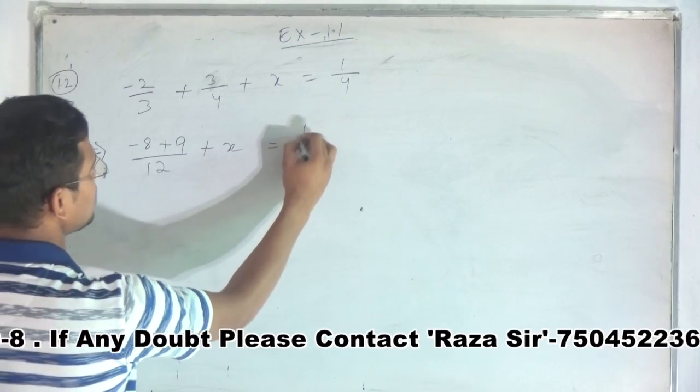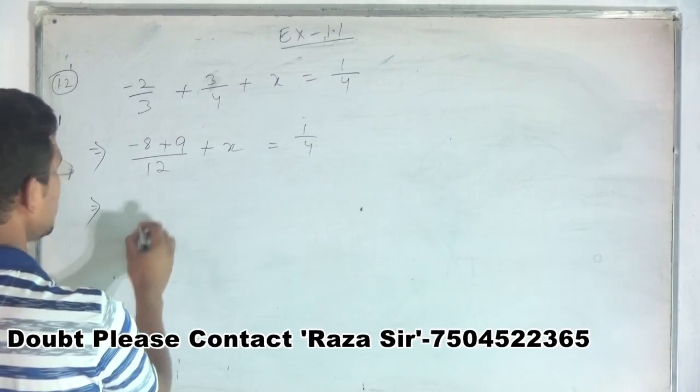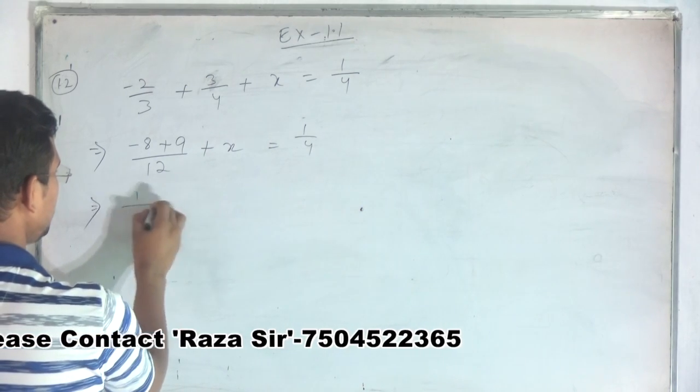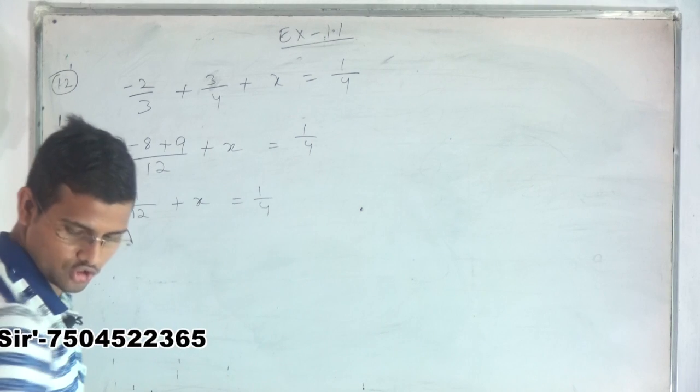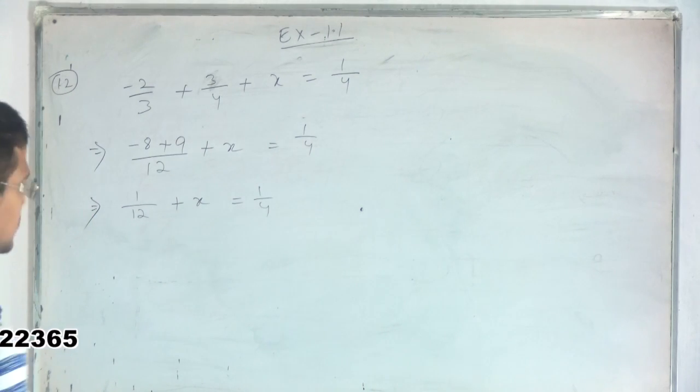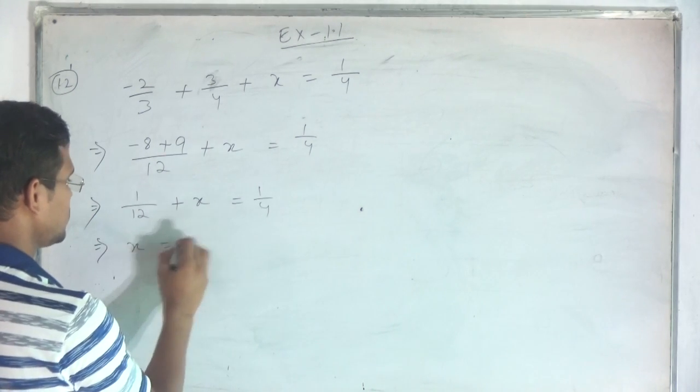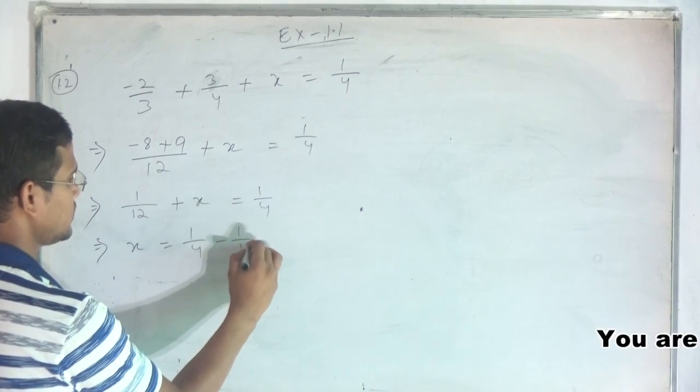Plus x equal to minus 1/4. That implies 1 divided by 12 plus x is equal to minus 1/4. That implies x is equal to minus 1/4 minus 1/12.